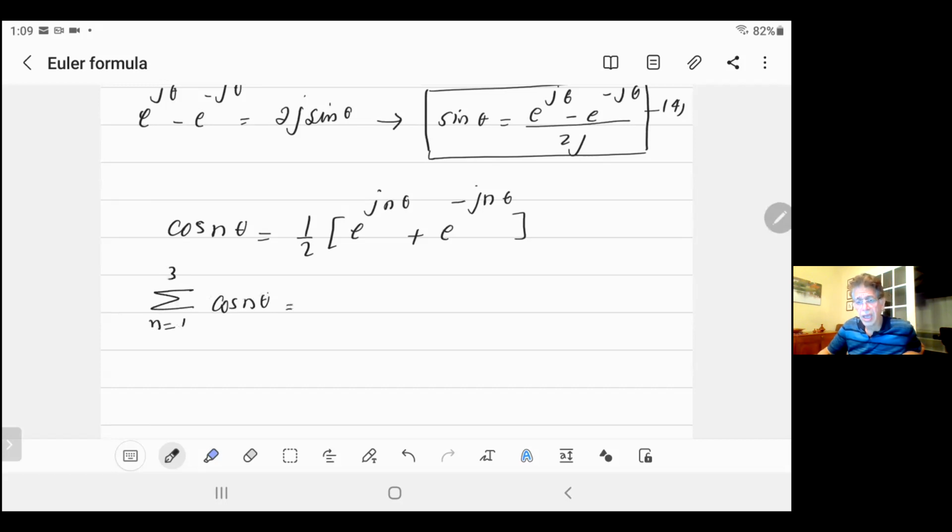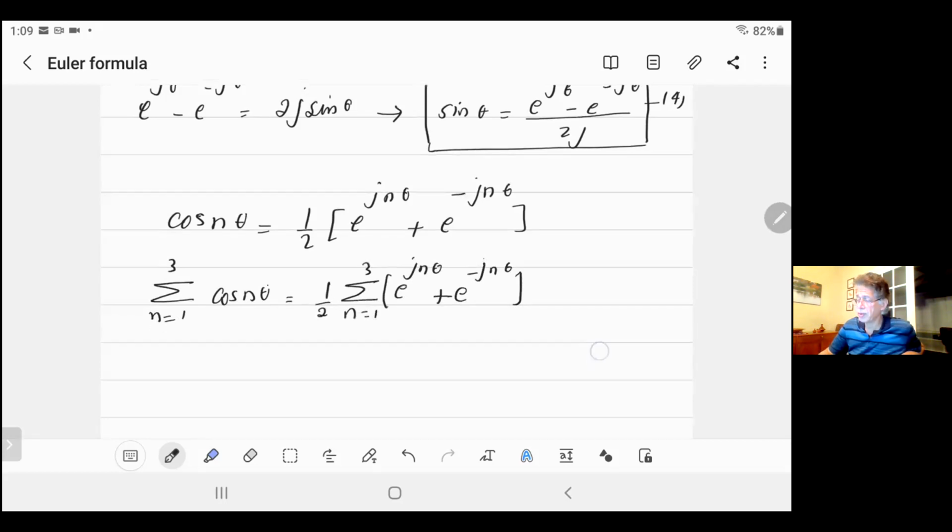I will just add the equivalent expressions on the right hand side. So it is equal to half the sum of e to the power of j n theta plus e to the power of minus j n theta, from n equal 1 to n equal 3.